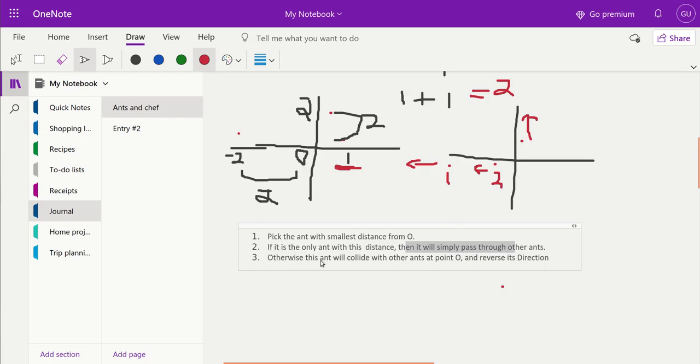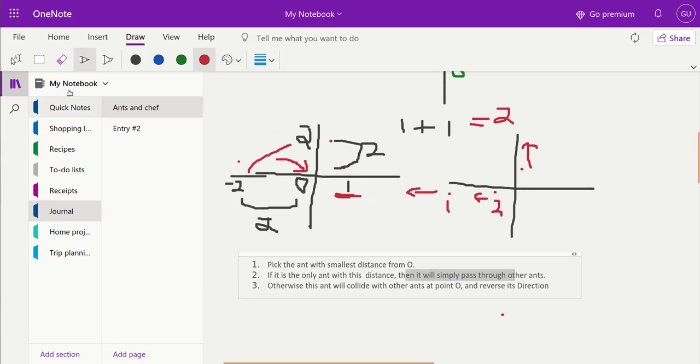In the third case, if it is not the only ant that has this distance, like there are 2 ants with the same distance, like distance 2 and distance 2, these 2 ants collide at point O and reverse their direction.